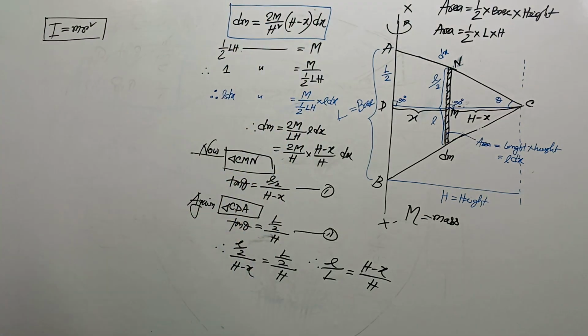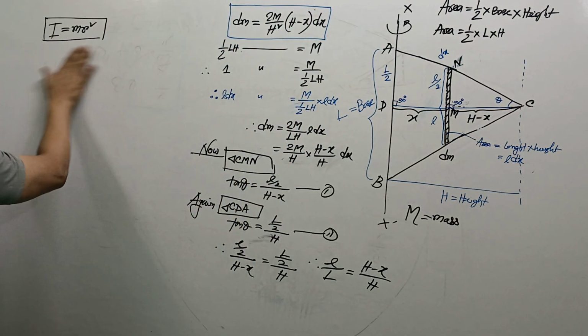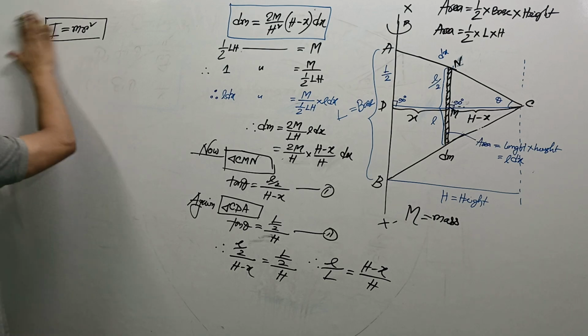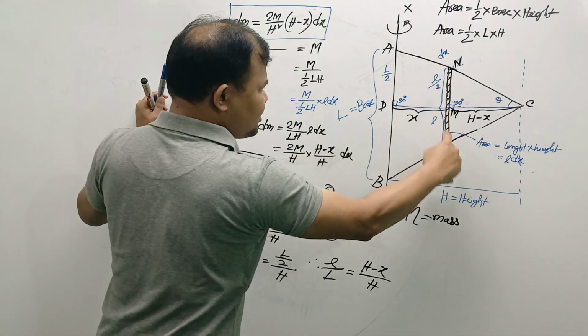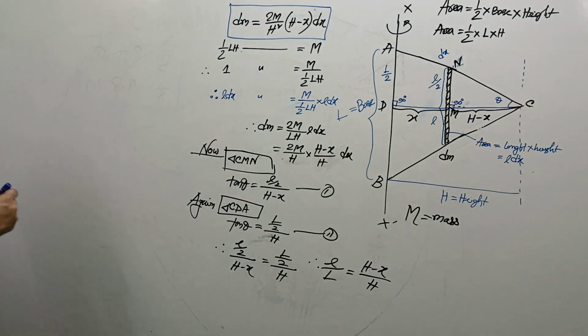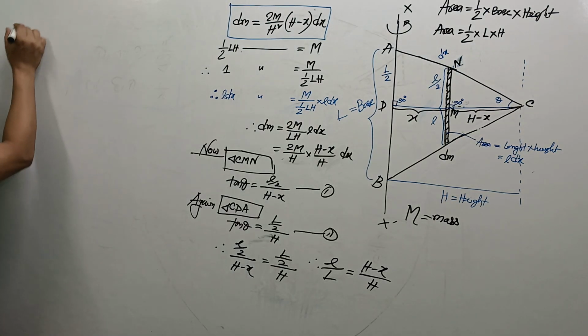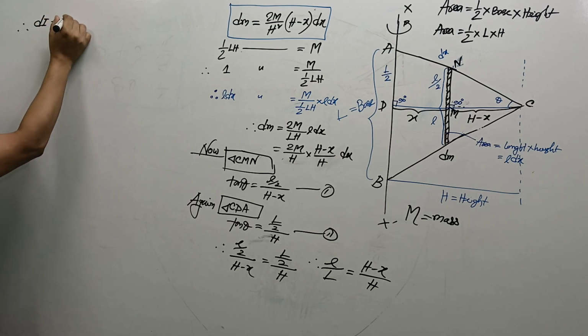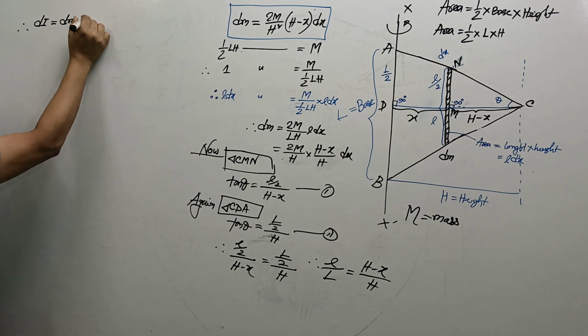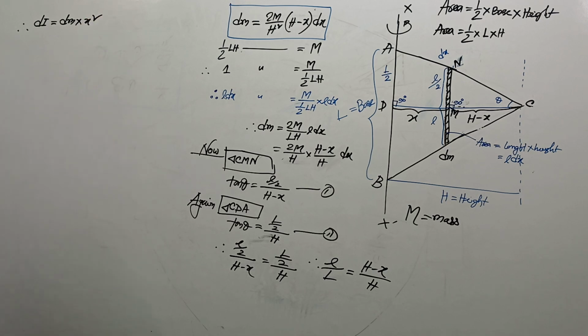Now we apply the rules. As this is a very small, slight section, the moment of inertia of this section will be very small. How much will the moment of inertia be? dI is equal to dm into x square, as we know from our previous lecture.